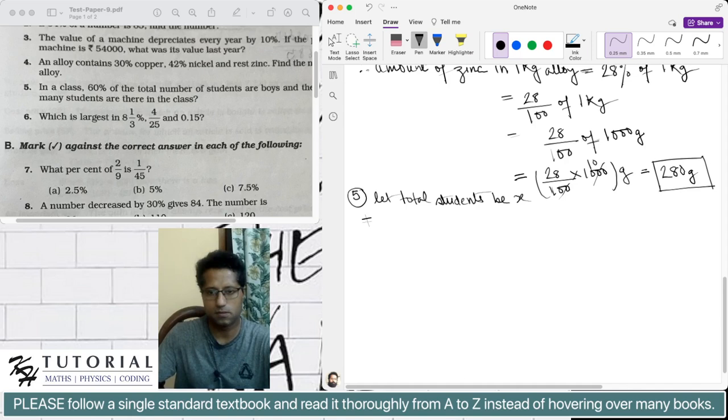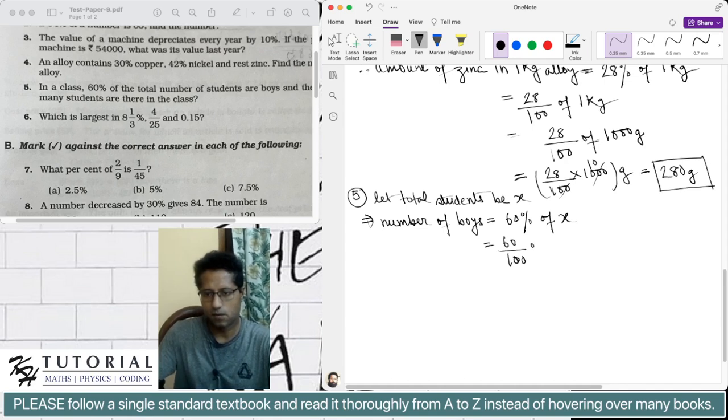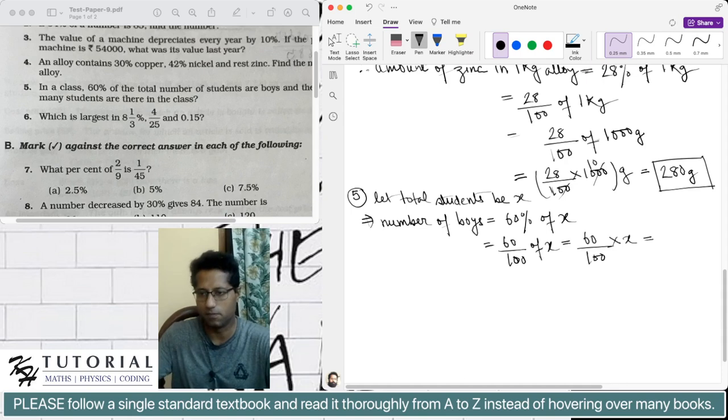It is given that 60% of the total number of students are boys. So this implies the number of boys is equal to 60% of X. X is the total number of students that we have assumed. 60% of X means 60 by 100 of X. Of operator means multiplication, so 60 by 100 multiplied by X. When you simplify 60 by 100, it becomes 3x by 5.